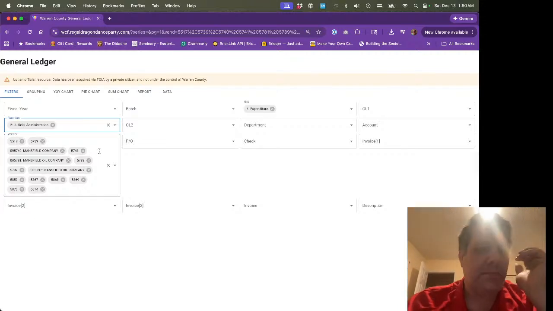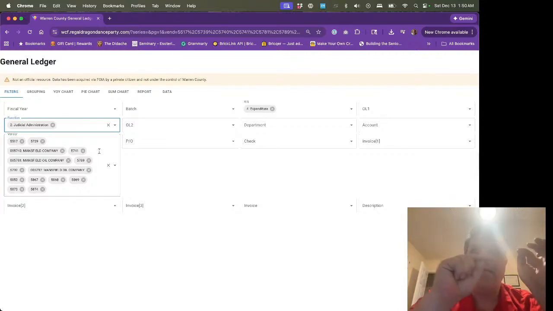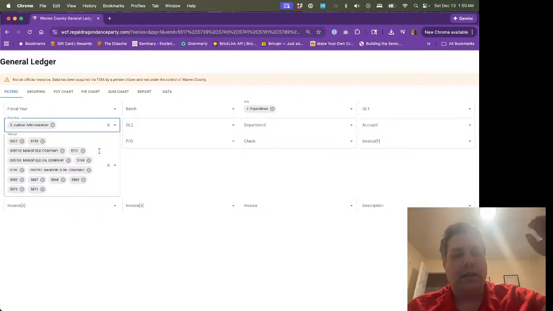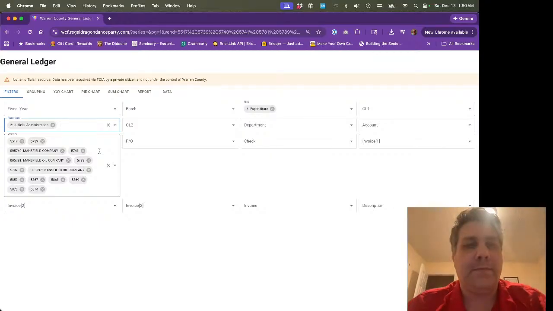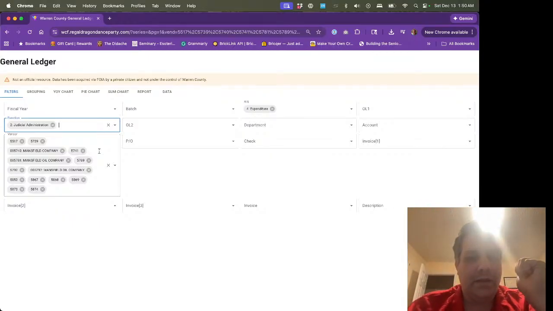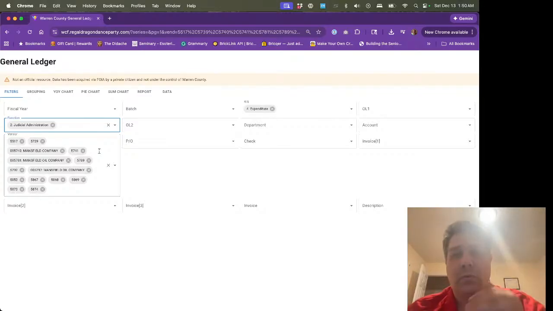Oh, but the vendor's not part of that account number. But anyway, there are different parts of this, and they're in order right now, from left to right, top to bottom. So if you choose fiscal years, then all the other lists filter themselves so that they only show you what was used during that fiscal year.